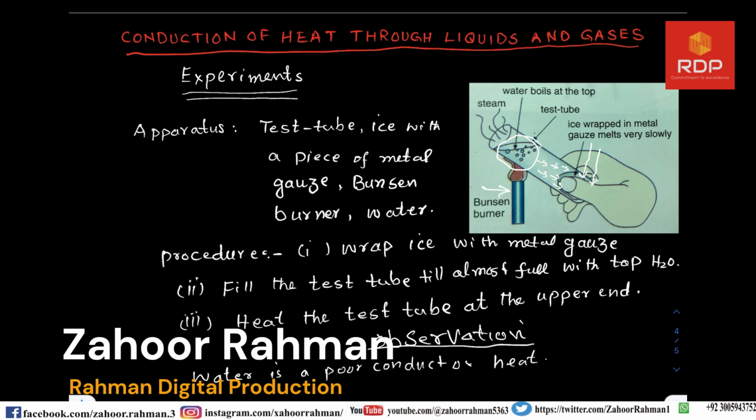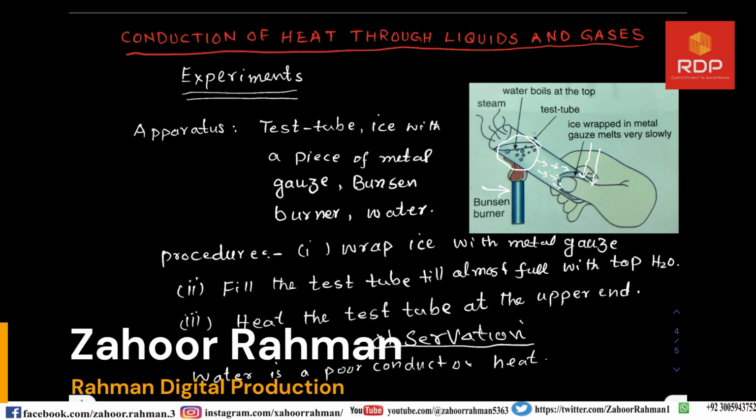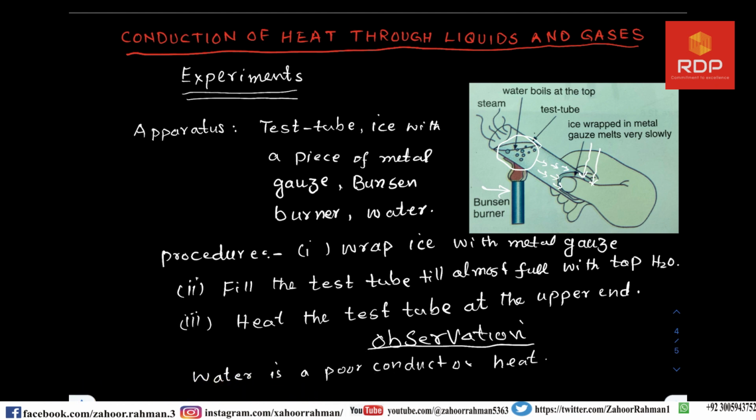Most liquids, with the exception of mercury, are poor conductors of heat. Mercury is also a liquid, but it is a good conductor of heat. Needless to say, gases such as air are the poorest. So I am writing: gases are the poorest conductors of heat.